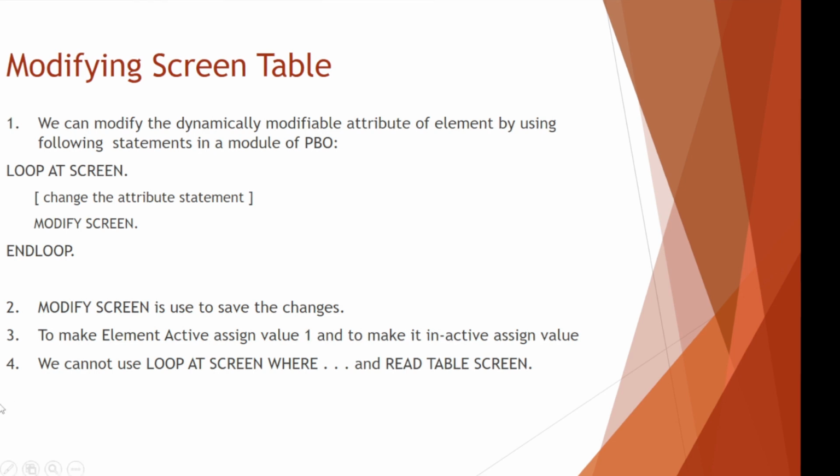It means that unlike ABAP programming, where we use LOOP AT with the WHERE clause, in module pool programming we cannot use LOOP AT SCREEN WHERE, and we cannot filter our loop. The other statement, READ TABLE SCREEN, we also cannot use because it does not exist in module pool programming.